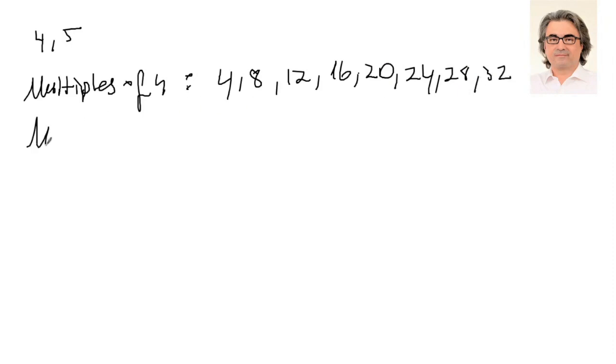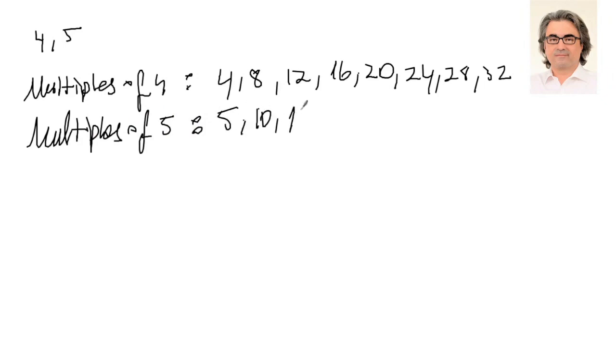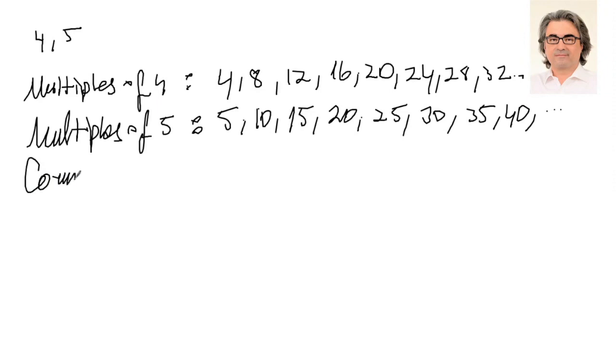And what about the multiples of 5? 5, 5 times 2 is 10. 5 times 3 is 15. After that 20, 25, 30, 35, 40, and so on. Now common multiples.